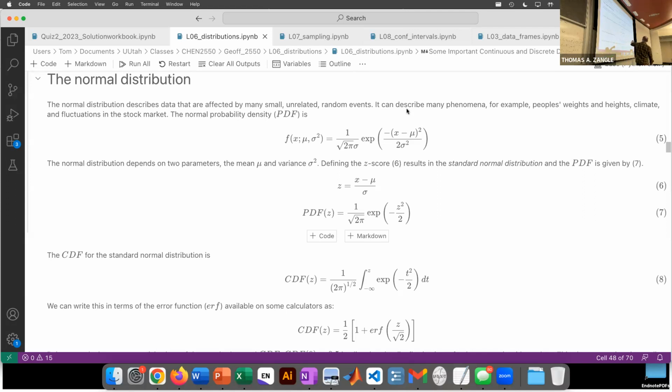Another way to think of it is that one property of PDFs is that they have to be normalized, as in the area under the curve must be equal to 1, right? So if we take the integral from -∞ to +∞, the area under that curve must be equal to 1. That whole square root of 2 pi times sigma in the denominator of equation 5 is what's required in order to have a PDF with an integral equal to 1.